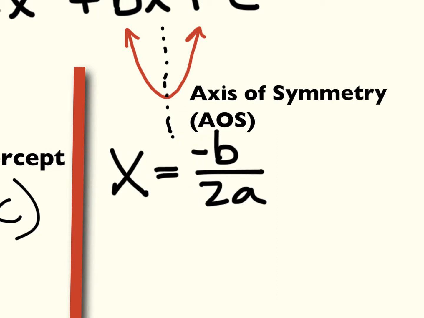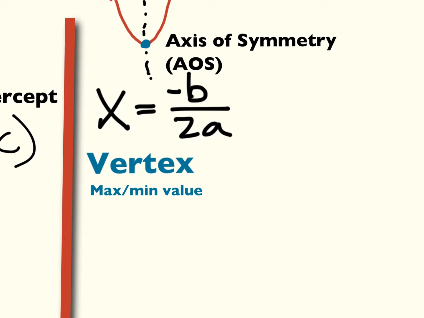Now, on this line, we have the vertex of the parabola. That's the maximum or minimum value on that parabola. In all applications, the vertex is probably the most important point on a parabola. Notice that this line x equals the opposite of b over 2a contains that same x value, so whatever this is is also the x value of the vertex.